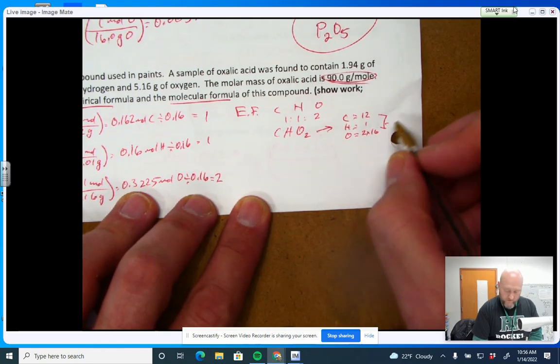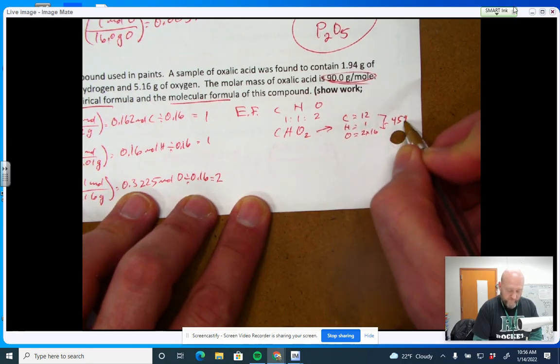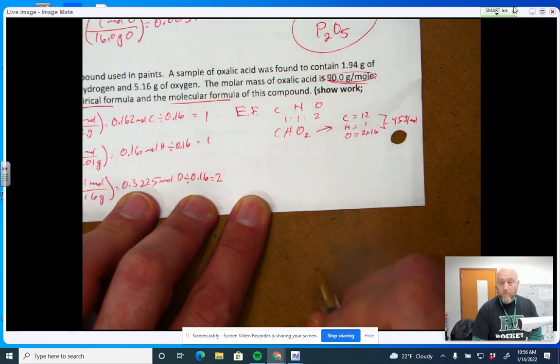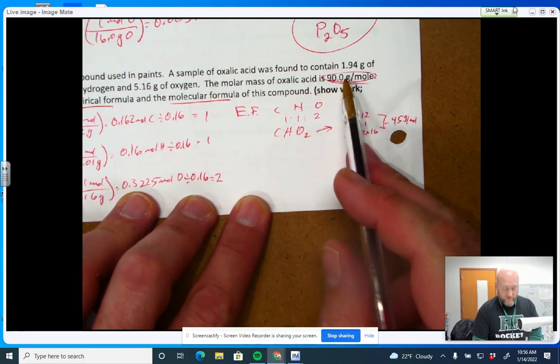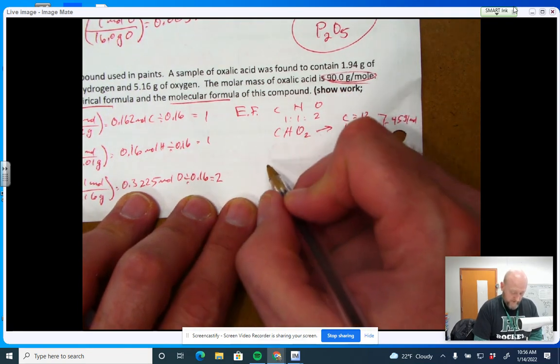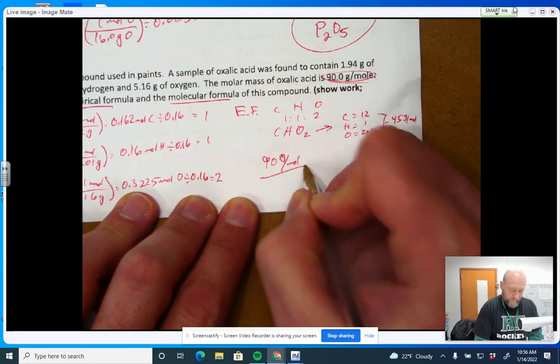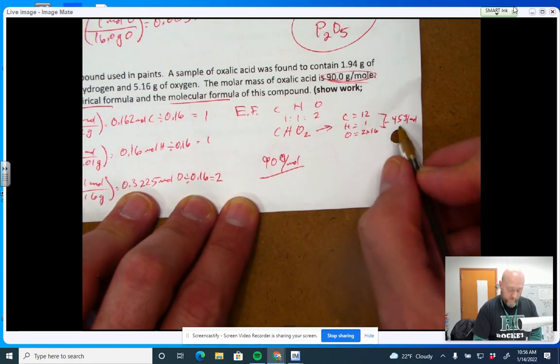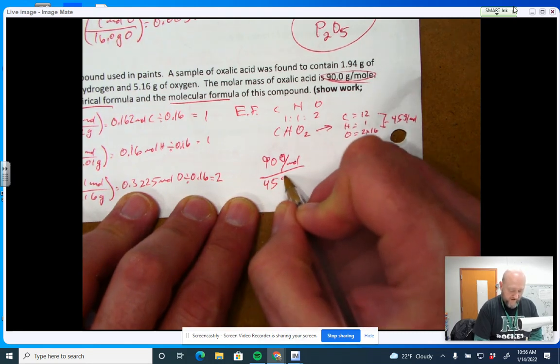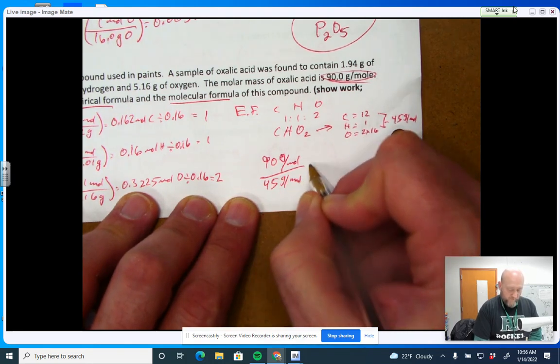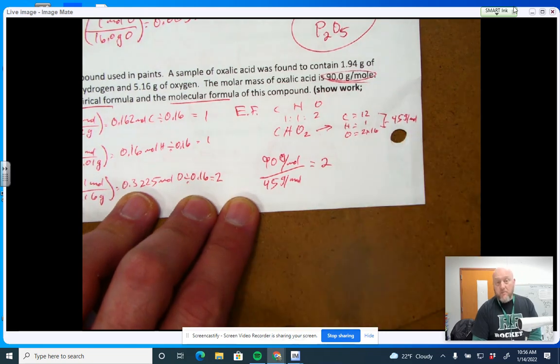We add all of those up, and it works out to about 45 grams per mole. The molar mass is given to us as 90. So we'll take 90 grams per mole, divide that by the molar mass of our empirical formula, which is 45 grams per mole, and we see we end up with a multiplier or a ratio of 2.